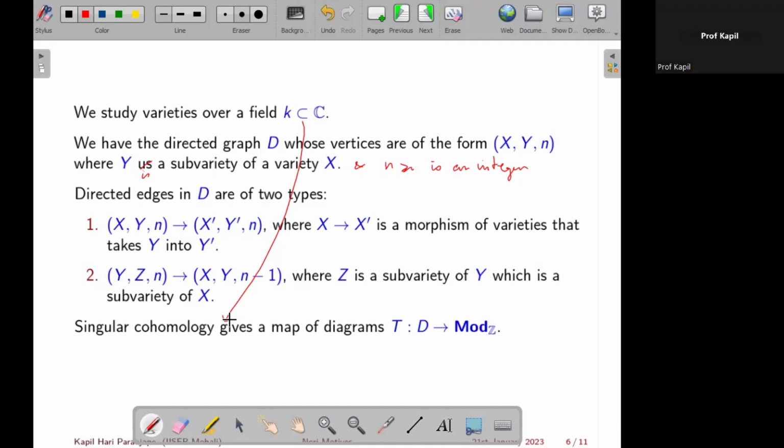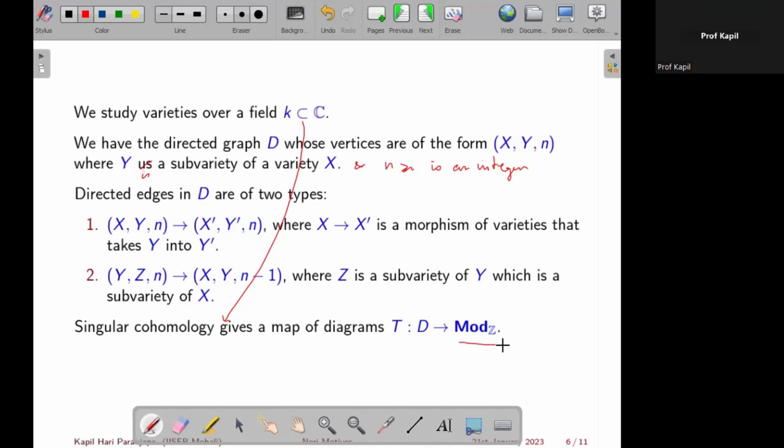And again, the important thing is that it takes values in finitely generated abelian groups, mod Z, right? So this is something specific about varieties, which requires some proof. This is some classical theorem, that for a pair of varieties, the homology is finitely generated. This is because you can reduce it to calculations for projective space, where everything is finite dimensional.